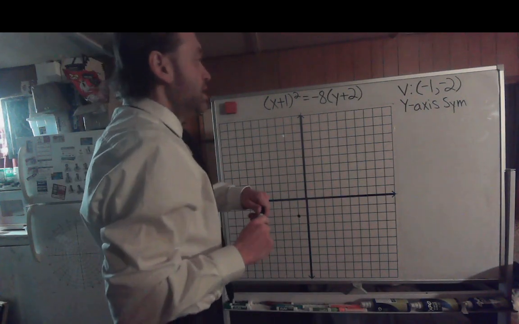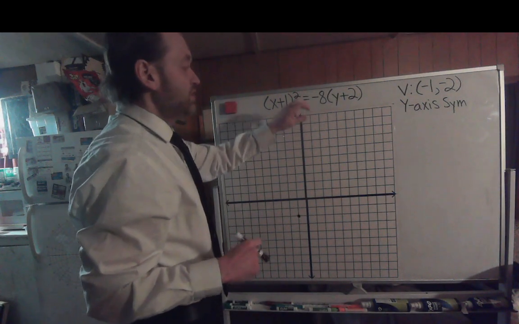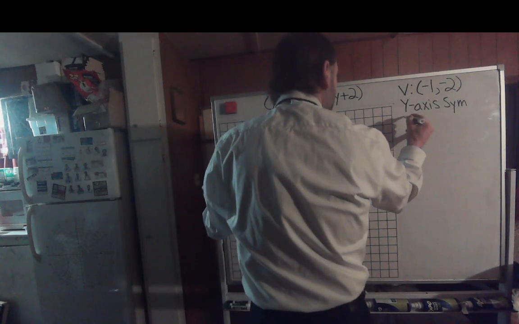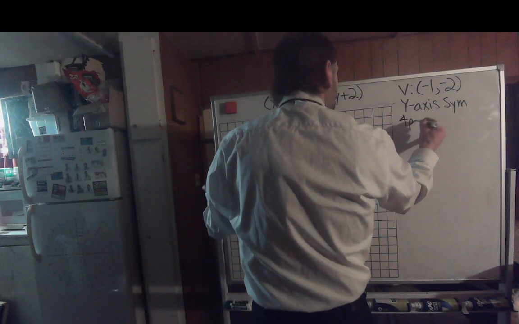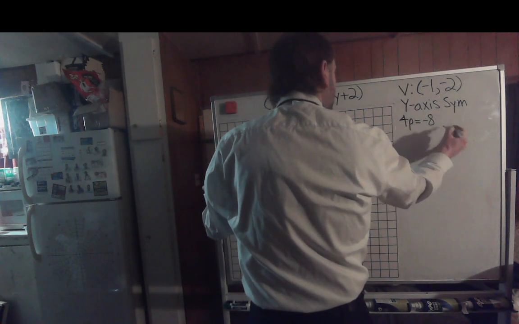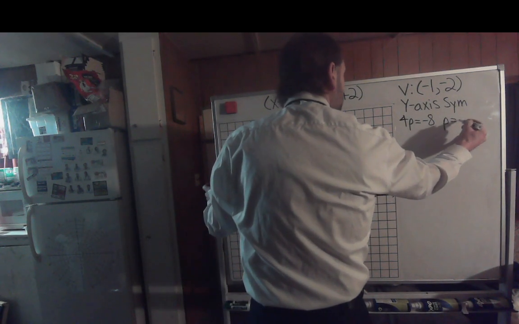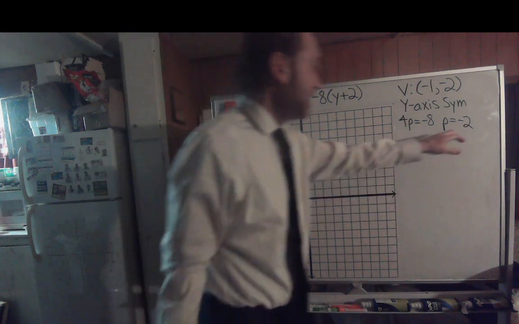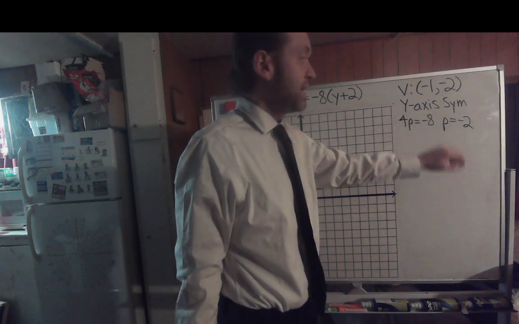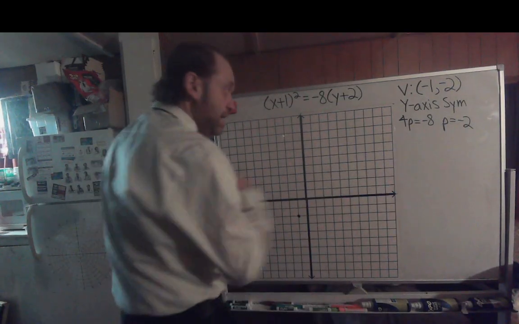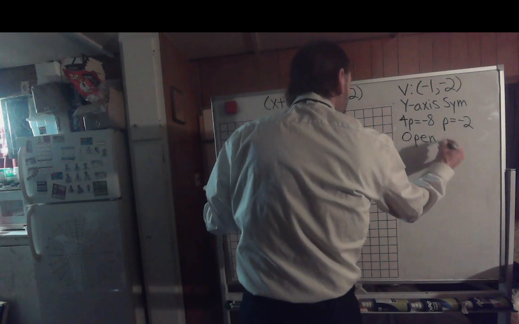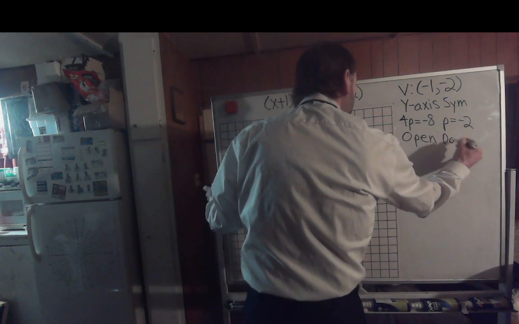Now, your coefficient, let's find the p. So set 4p equal to negative 8. What do you get? Well, you get that p equals negative 2. If we remember, if your p is negative and you have y-axis symmetry, it's going to open downward. So this is an important piece of information. It opens downward.